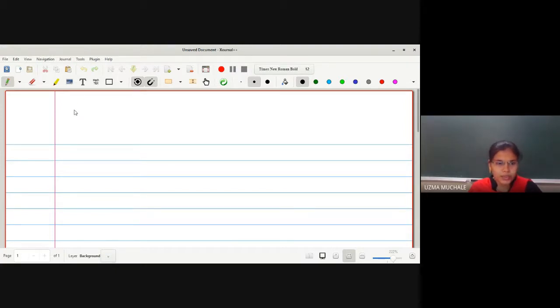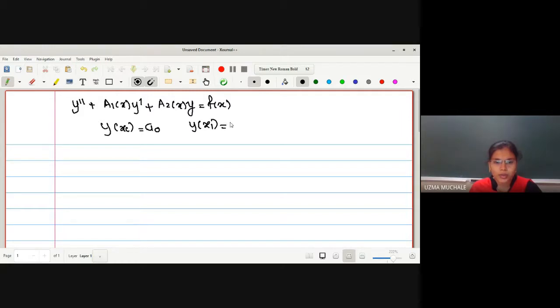So, actually, we are having one differential equation. Say it is y double dash plus a1 of x, y dash plus a2 of x, y is equal to some function f of x with the initial conditions y of x naught is equal to a naught and y of x1 is equal to a1.